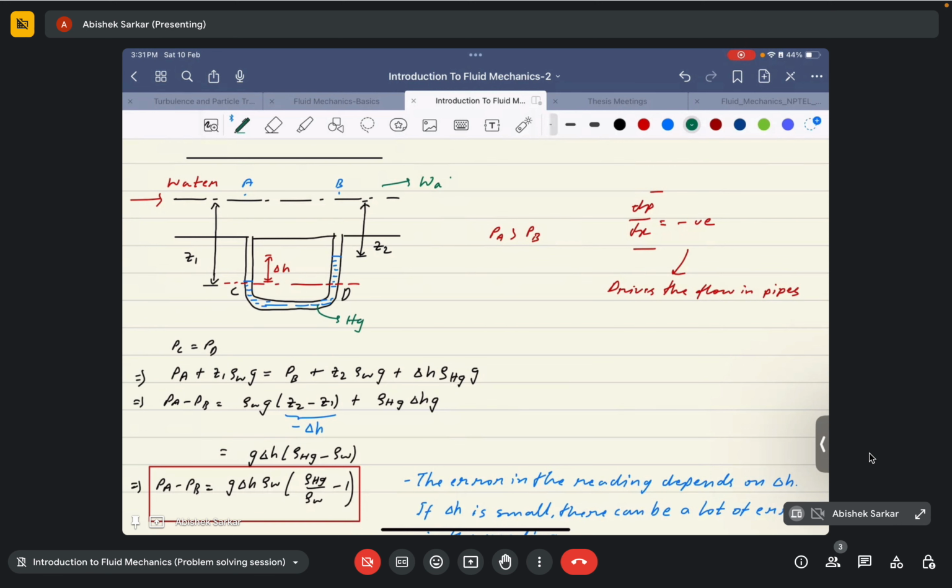Don't go by the color scheme, it's just something that I use for my convenience. So this blue liquid, that is mercury in this case, the liquid levels are shown here in this U-tube shaped manometer.